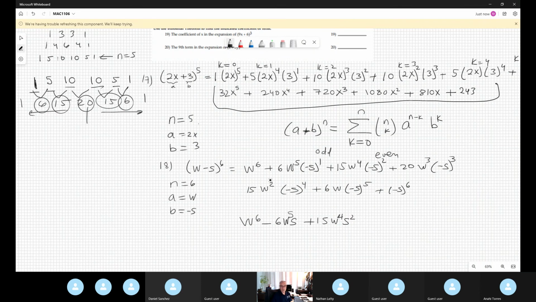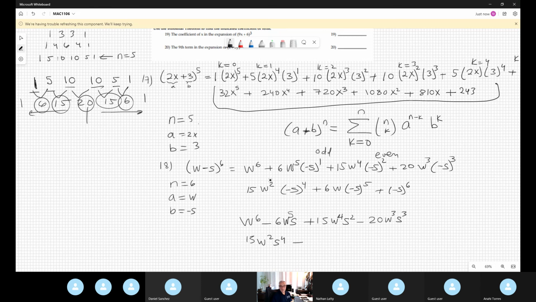This is alternating. You see, when you have sign negative here, the first guy is positive, the second is negative, the third positive, the next is negative. Negative what? Negative 20 W3 S cubic. Next is positive because of 15 W squared S to the 4th power.